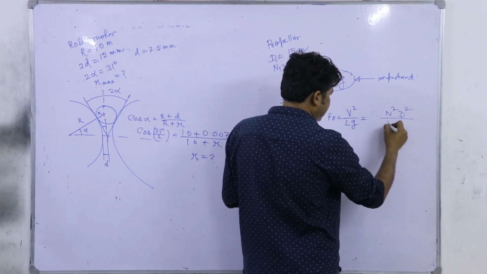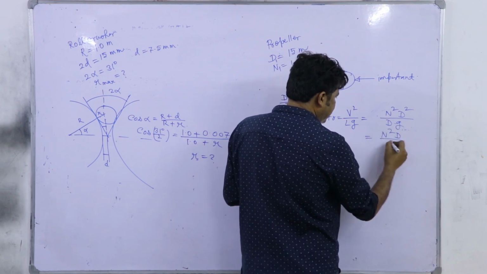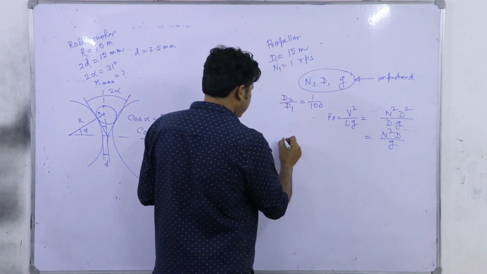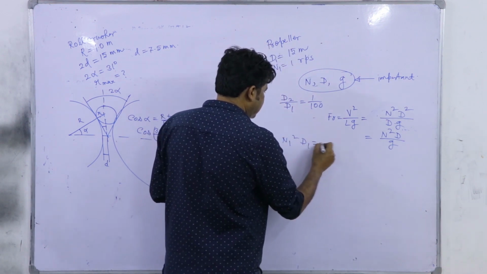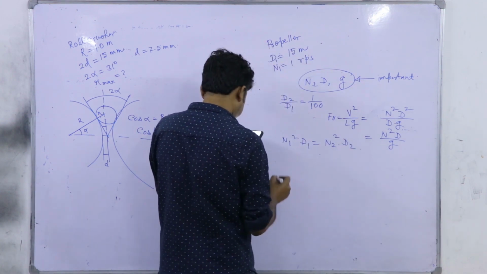So, n square d by g. So, it is n1 square d1 equals n2 square d2, right.